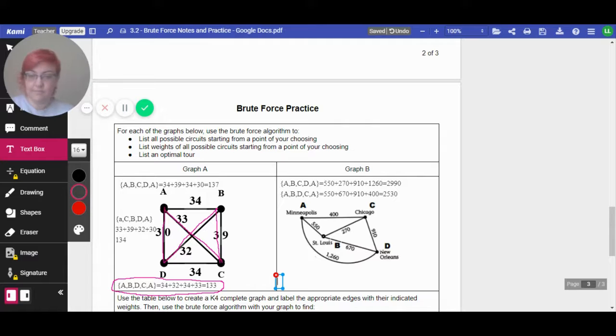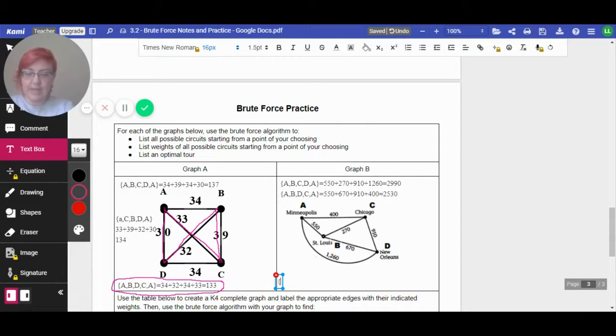Finally, we'll do A, C, B, D, A. So AC is 400, BC is 270, BD is 670, and DA is 1,260.